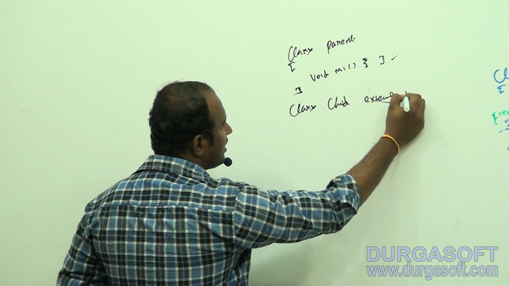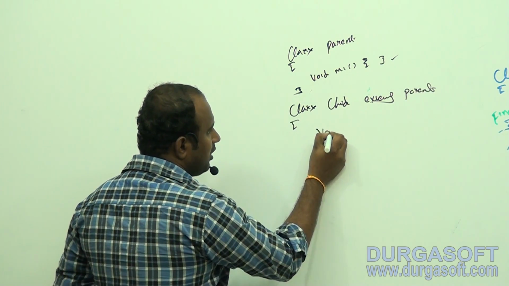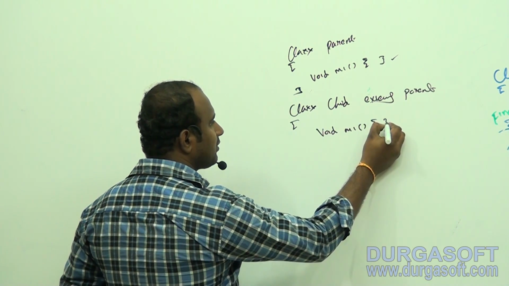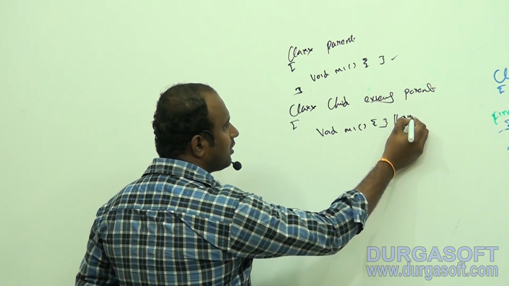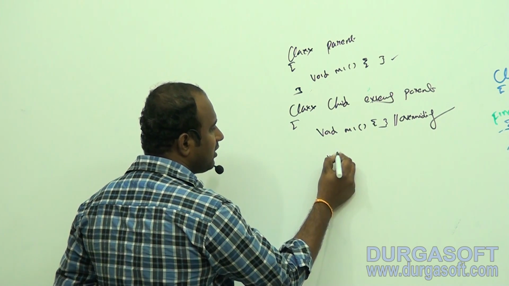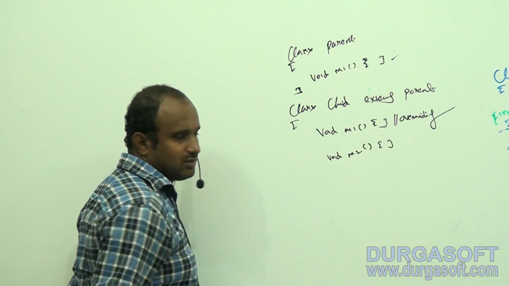It extends which class here? Parent class. So here I am overriding that method. You know the overriding rules, right? I am overriding void m1 with open and closing braces. This method is called the overriding method. And I am declaring one new method in the child class: m2 belongs to the child class.